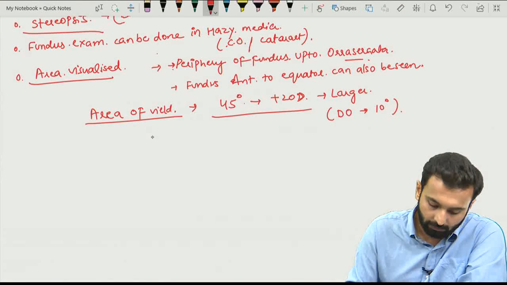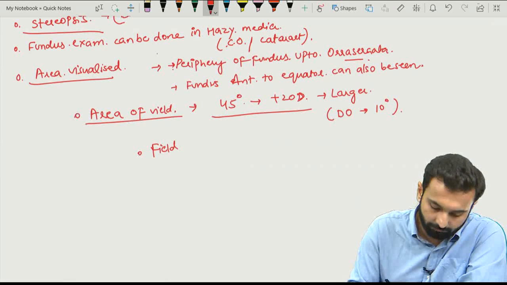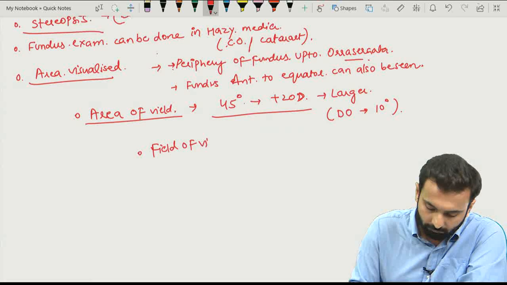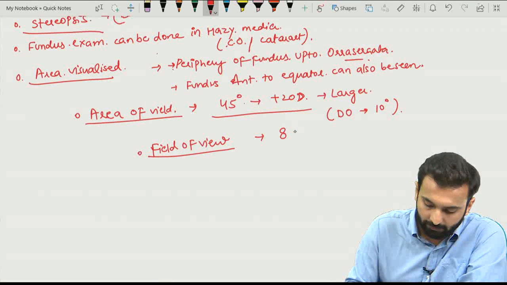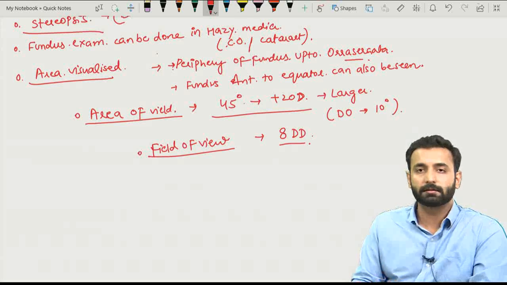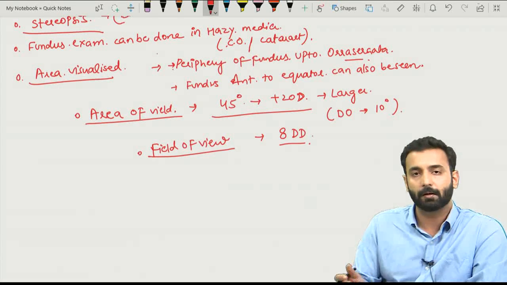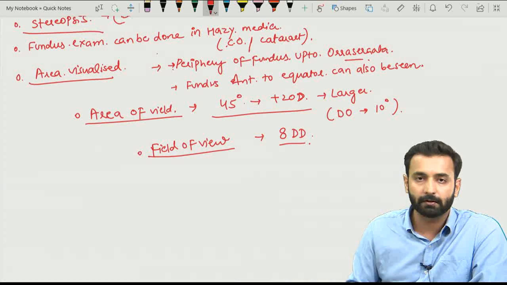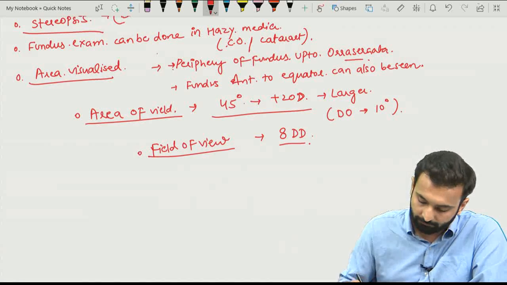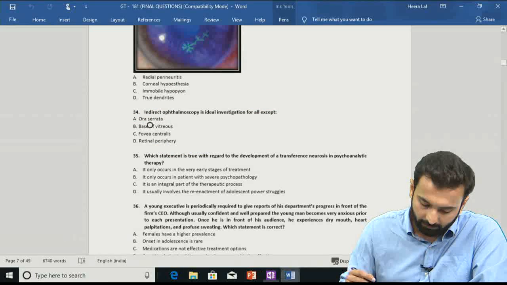And the field of view is around 8 disc diameters. This is also larger as compared to direct ophthalmoscopy, in which it is 2 disc diameters. So this is all about indirect ophthalmoscopy that you should keep in mind, right?